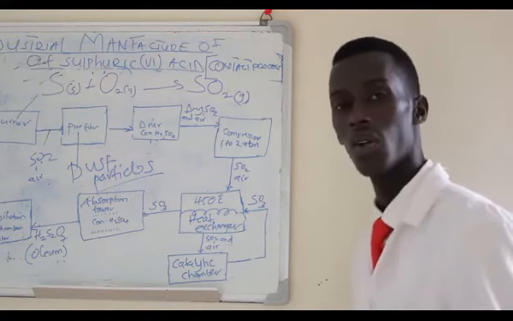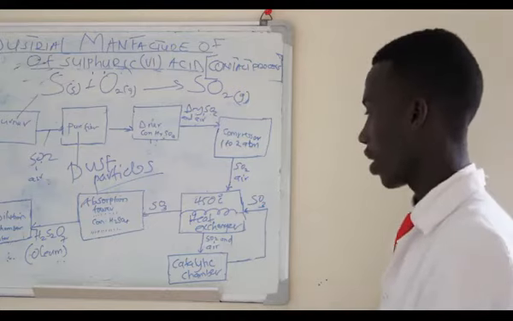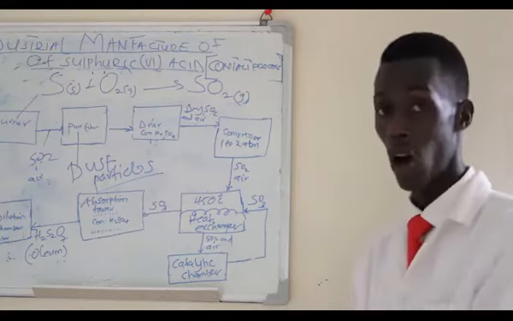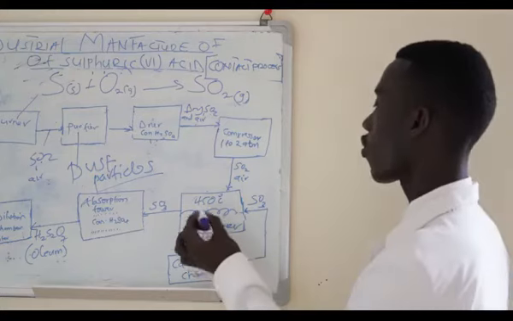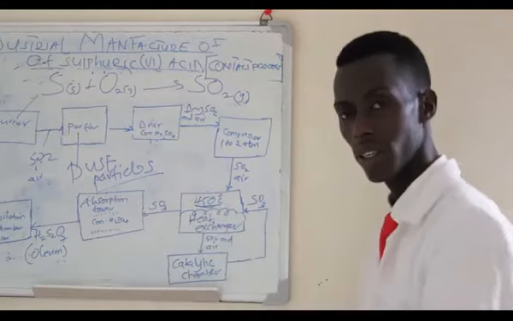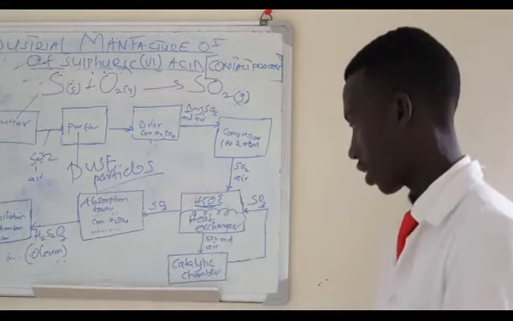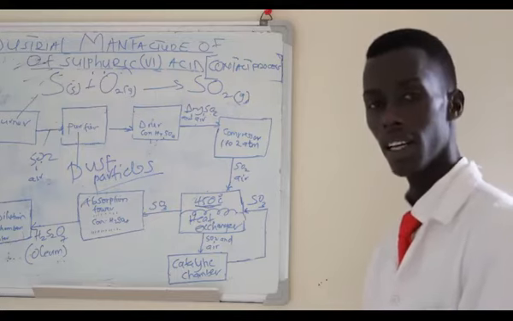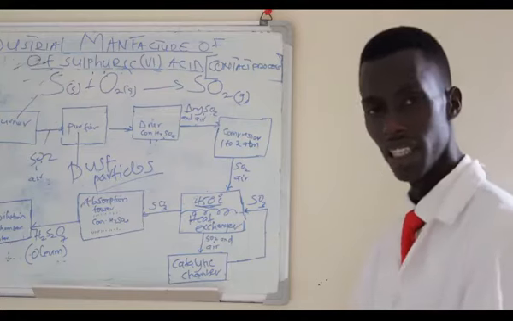In the heat exchanger we also have another optimum condition, which is temperature. A temperature of 450 degrees Celsius is used in this chamber. The purpose of the heat exchanger, which comes from the word heat, is just heating the gas.